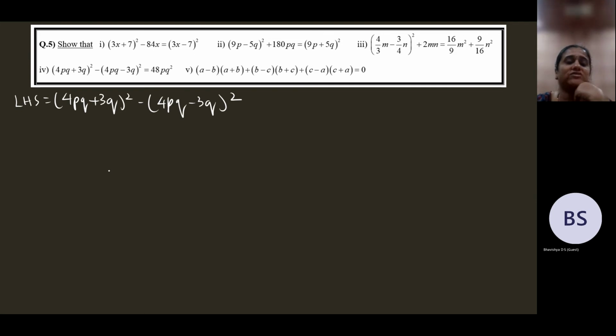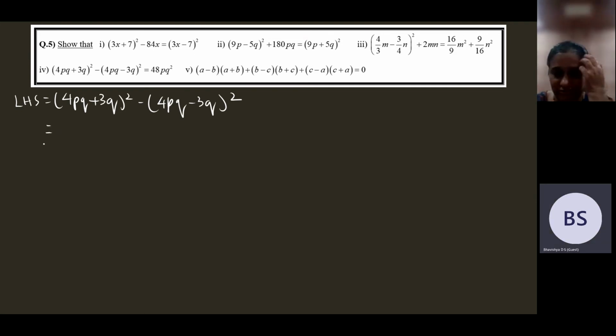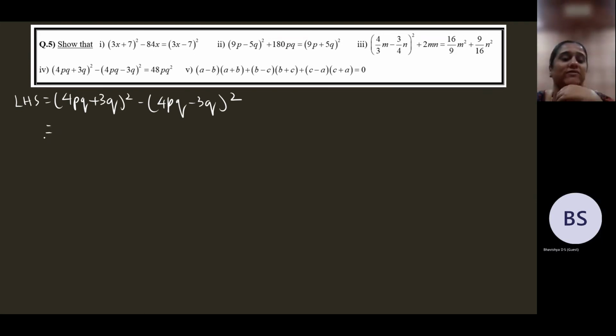Correct? This is the LHS, correct? Yes, ma'am. Now, how does it look like for you? A plus B the whole square, right? Yes, ma'am. What is A plus B the whole square? How do you expand that?